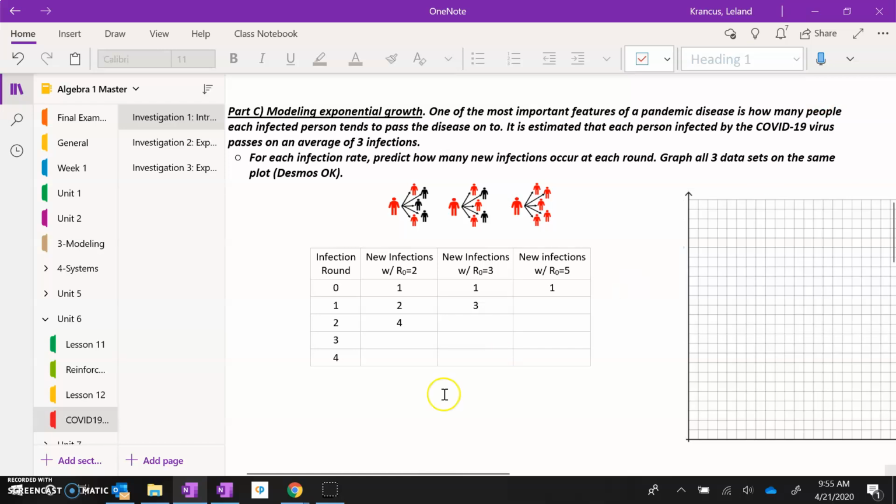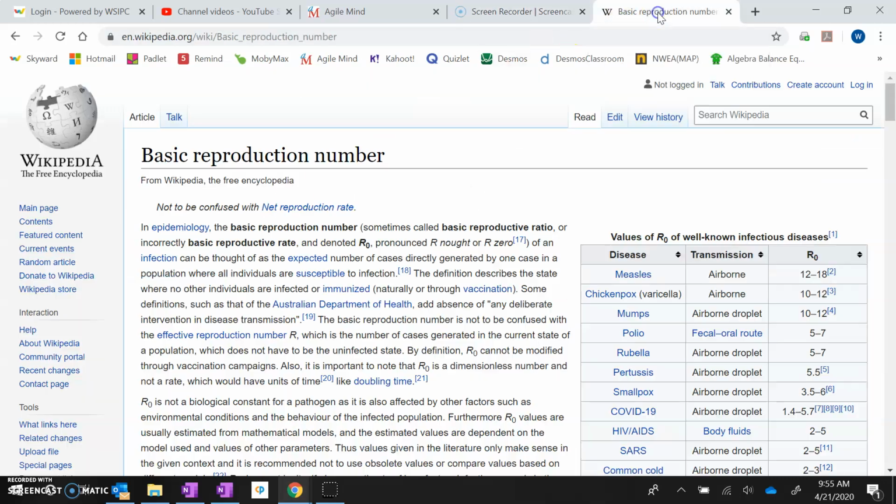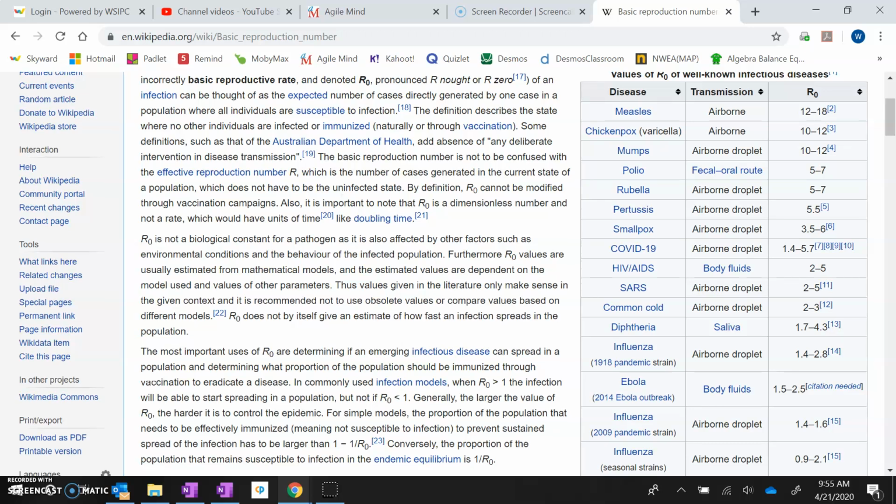And as another application and extension of this, I just wanted to show that this number I'm talking about, that multiplier, you can see all these different diseases have different multipliers. So measles is incredibly contagious because it's airborne. It doesn't even need to have like droplets. It can just spread through particles in the air, which makes it extremely contagious.